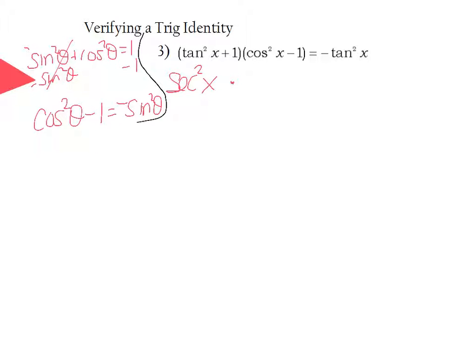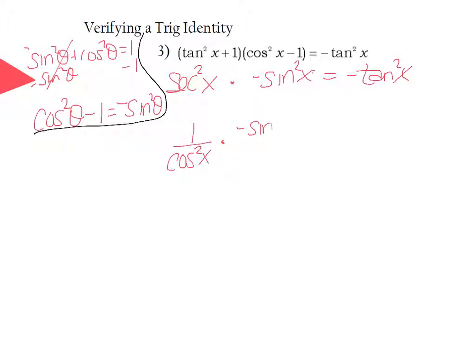So let me box that and get that out of our way. This is going to be negative sine squared theta. It's supposed to equal a negative tangent squared x. I'm sorry, that was supposed to be an x there, not a theta. Now, secant, I'm going to turn it into 1 over cosine squared x times a negative sine squared x over 1.